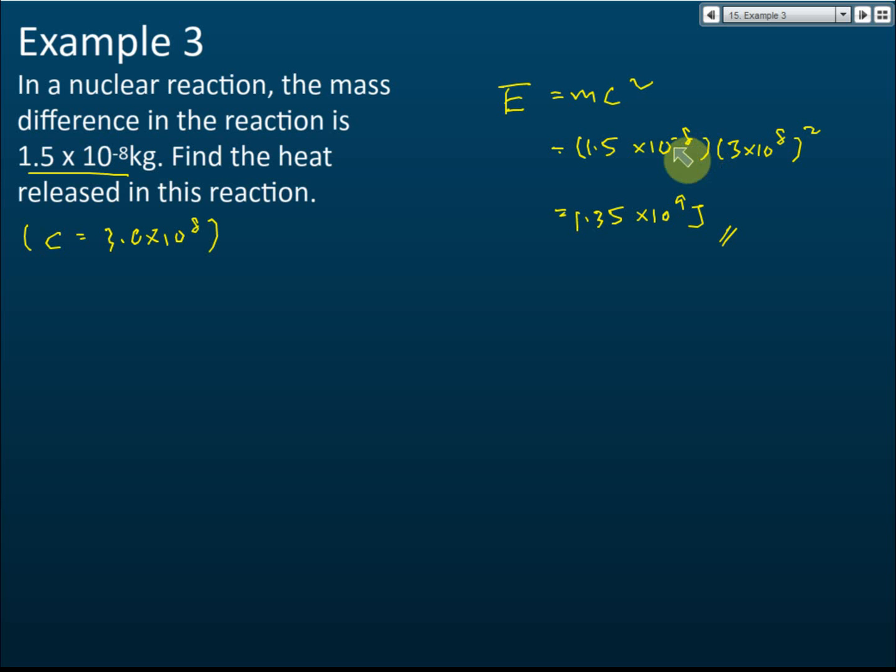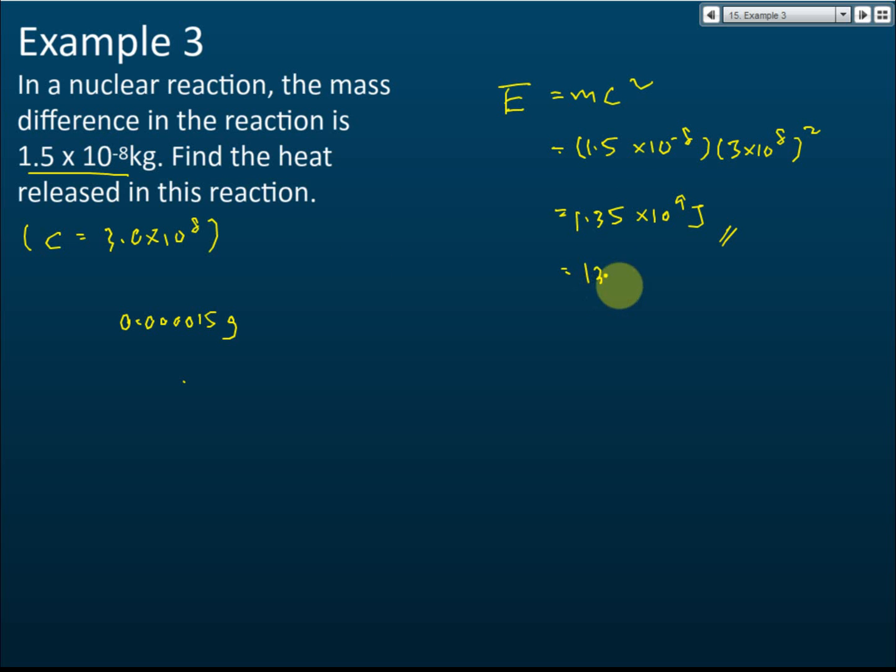This is less than 1 gram. Instead, how many grams is this? This is equal to 0.00015 gram. Just a small amount of mass defect can produce a large amount of heat energy.